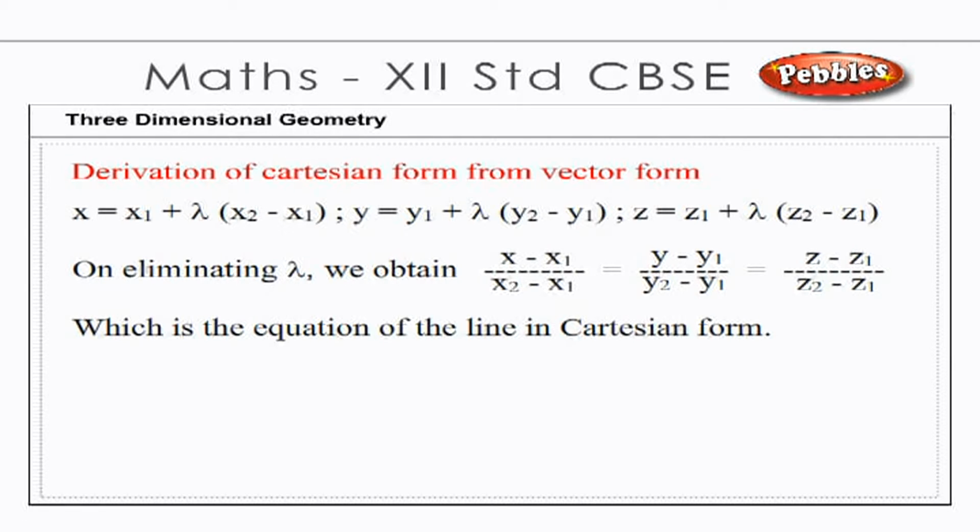On eliminating lambda, we obtain (x minus x1) by (x2 minus x1) is equal to (y minus y1) by (y2 minus y1) is equal to (z minus z1) by (z2 minus z1), which is the equation of the line in Cartesian form.